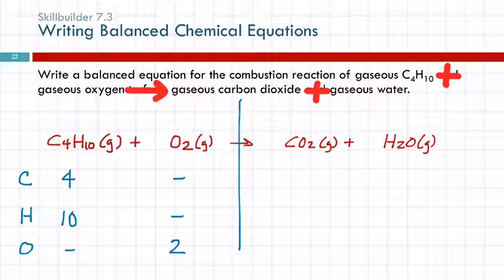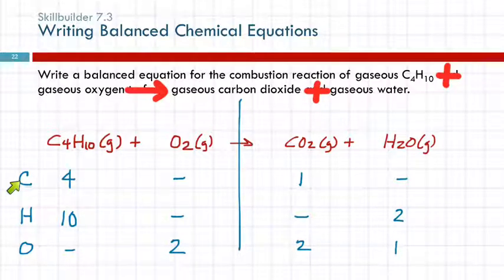CO2, 1 carbon, no hydrogens, and 2 oxygens. And then for the water, no carbons, 2 hydrogens, 1 oxygen. This is just a technique I came up with that seems to help when things get a little more complicated. So now I've got it all written out.